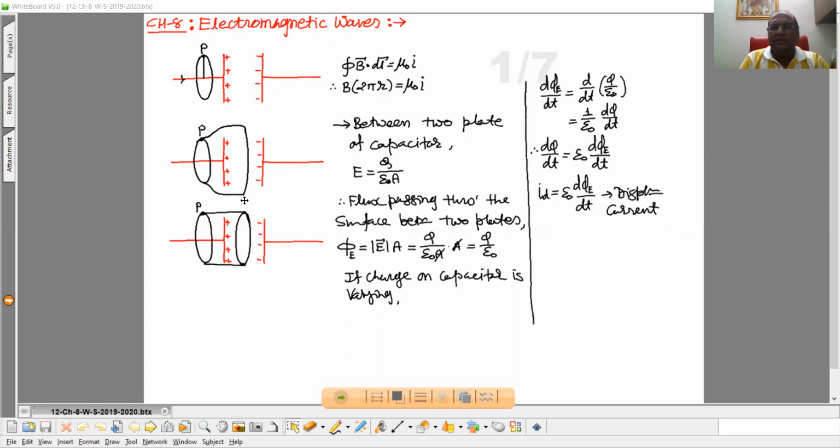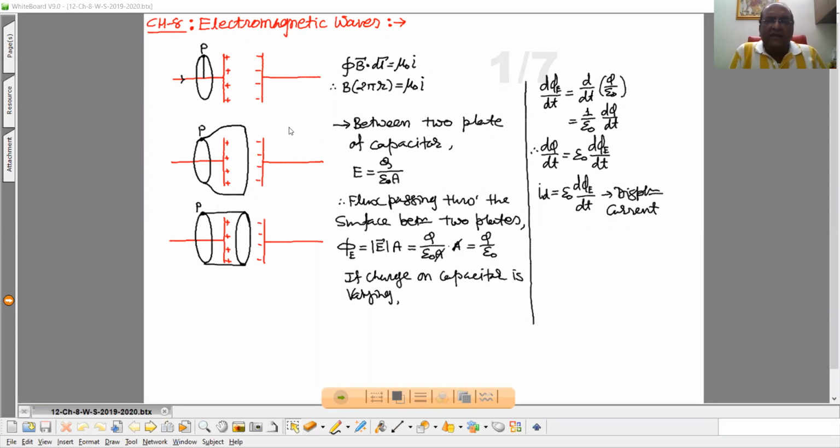Now, if we think about the current passing through this particular surface, so between two plates of the capacitor there is no current. It implies that if we use Ampere circuital law, then the magnetic field at point P, that will come to 0. Here he observed the controversy.